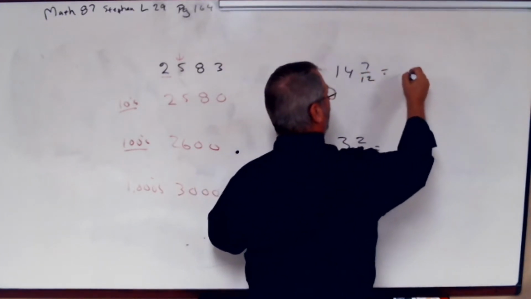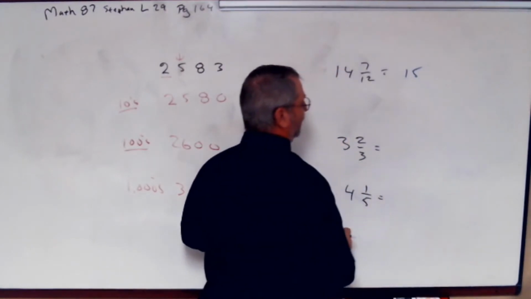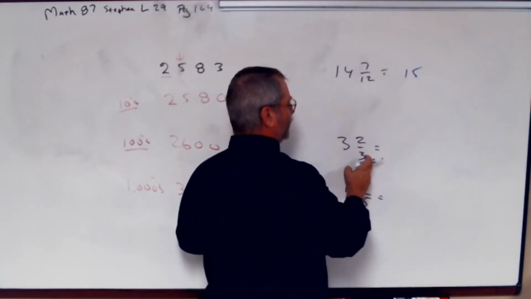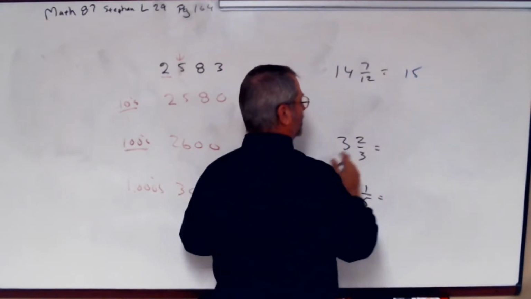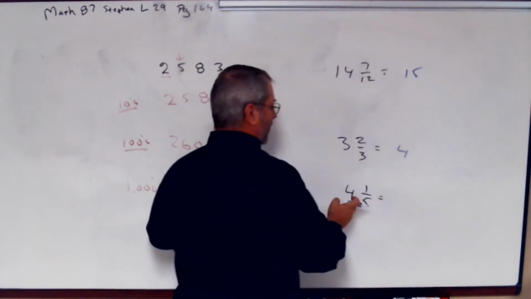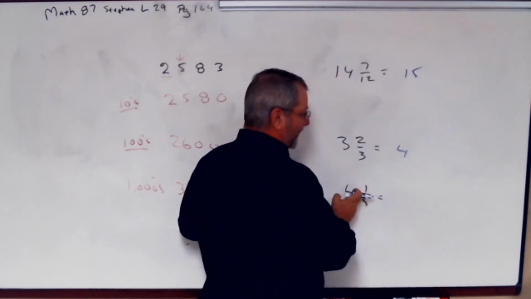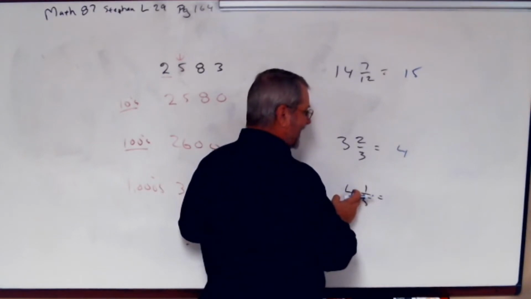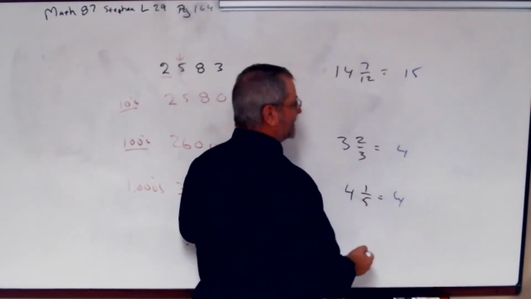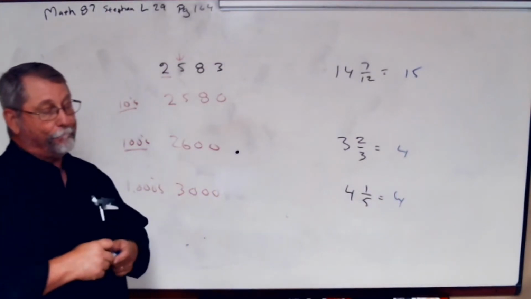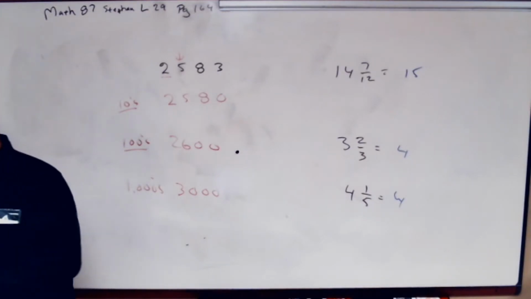Therefore, this is going to round off to 15. This one here, 2/3 is more than half. So this is going to be 4. 4 and 1/5. 1/5 is less than half. That just stays a 4. See that? Easy, easy, easy.